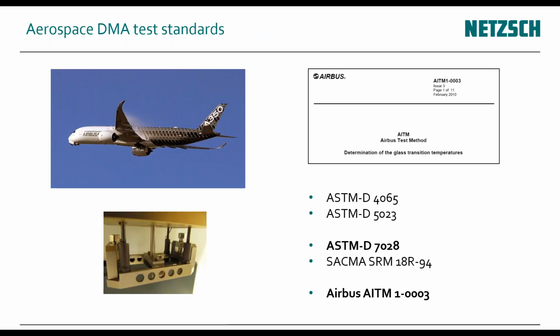If I go back and display the sample holder at the bottom left that is used for testing with respect to the AITM, this ABBA standard, this is a bending experiment because you will find out that you just need very, very low force. And you can measure very nicely along the whole glass transition.